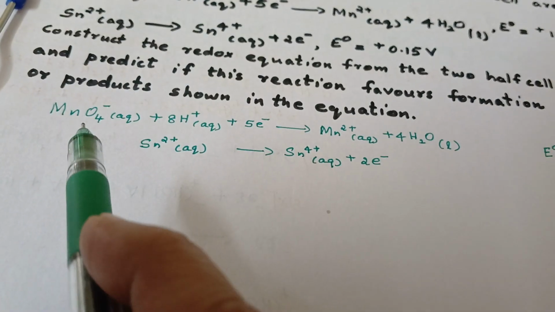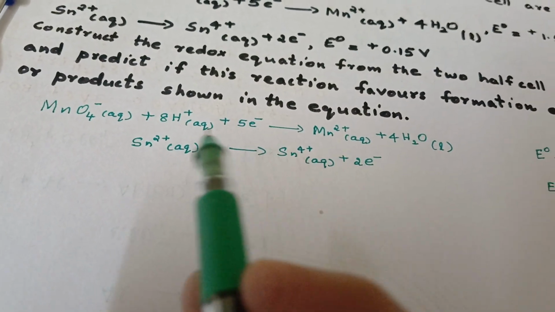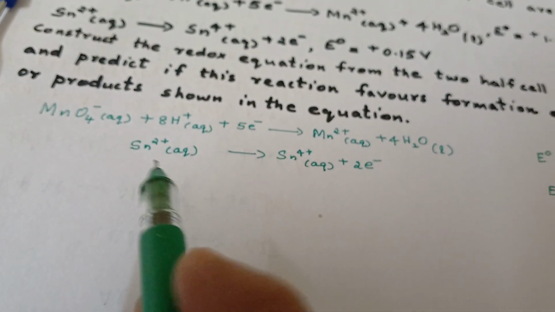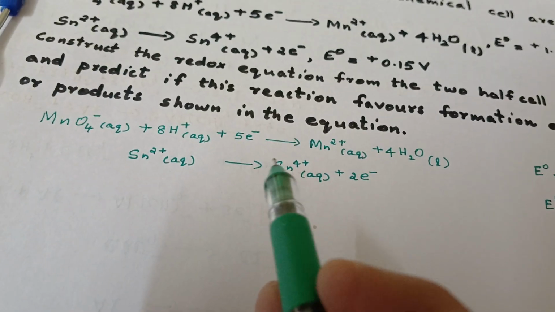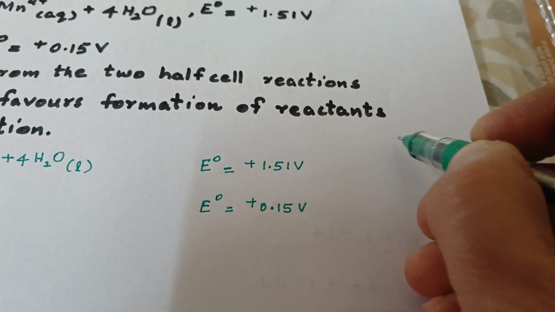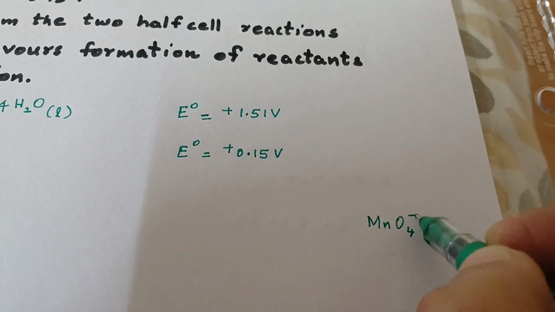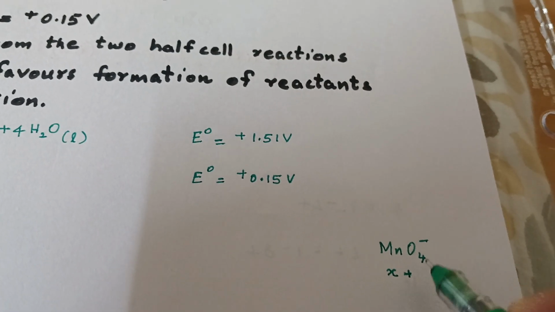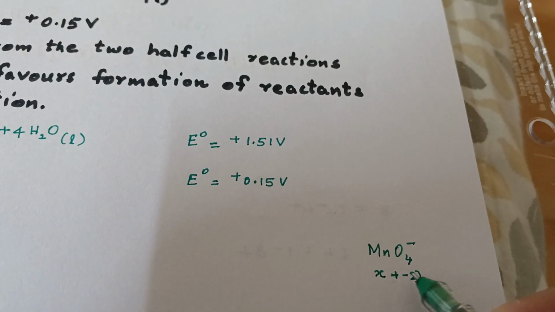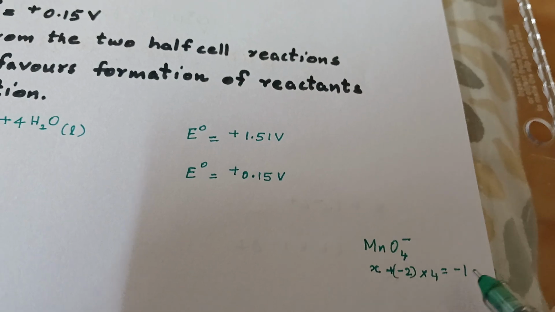Before that, let us see which is the oxidation half reaction and which one is getting reduced. So here you can see MnO4 minus. In that we need to find the oxidation number of Mn. Let x be the oxidation number of manganese, plus oxygen is minus 2, minus 2 into 4, equal to minus 1, the overall charge.